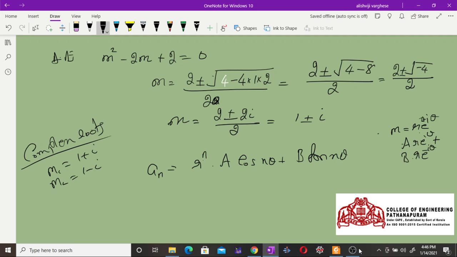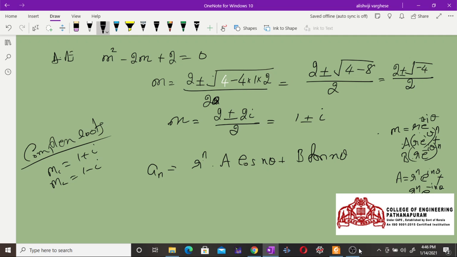Then we can expand this as r raised to n e raised to i n theta plus r raised to n e raised to minus i n theta.